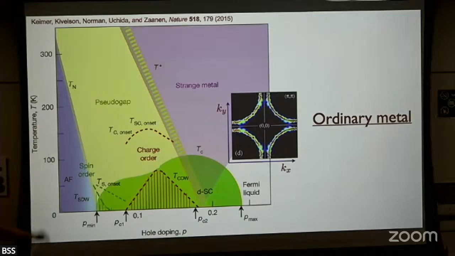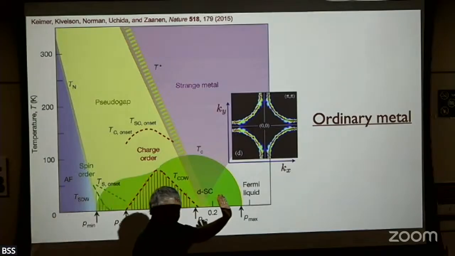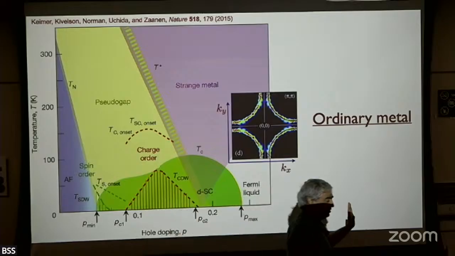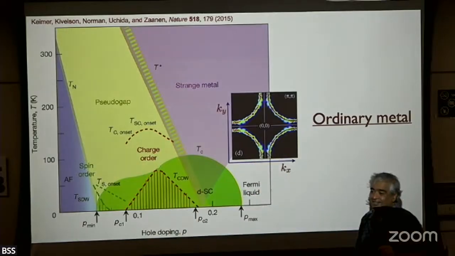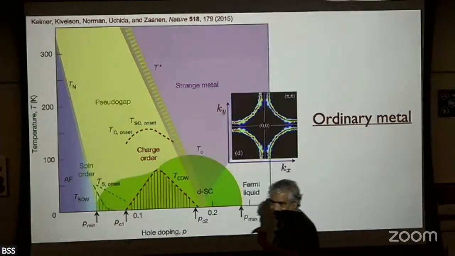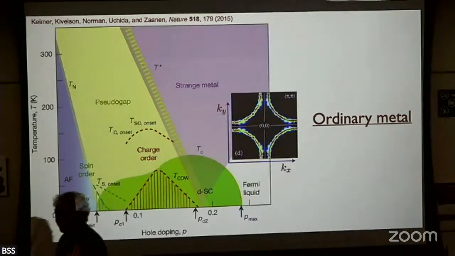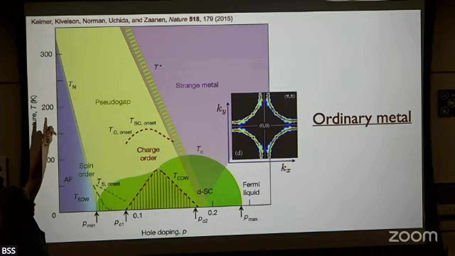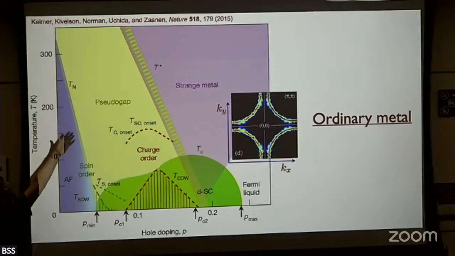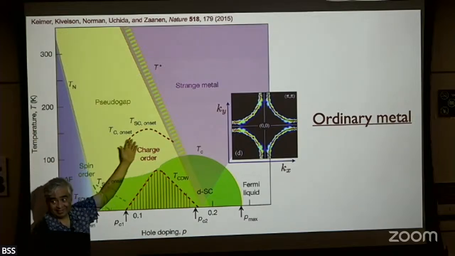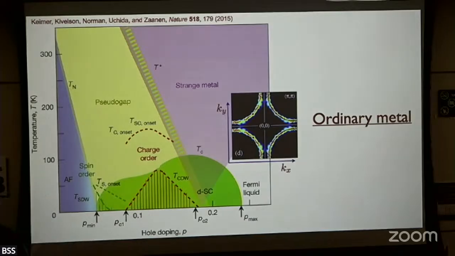The pseudogap goes well above 300 Kelvin. That's still a relative temperature, okay? The J is 1,300, 1,600 Kelvin. So when I say high temperature, that's relatively low. In fact, the cold atom experiments on the Hubbard model are actually even higher. They haven't come anywhere near this temperature yet. I think Markus Greiner is starting to reach that temperature now.